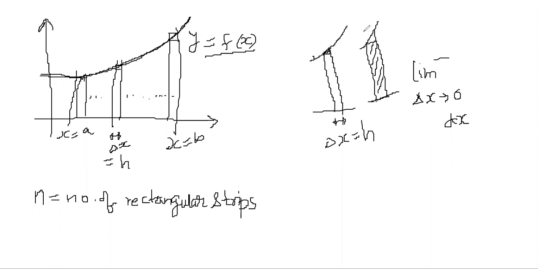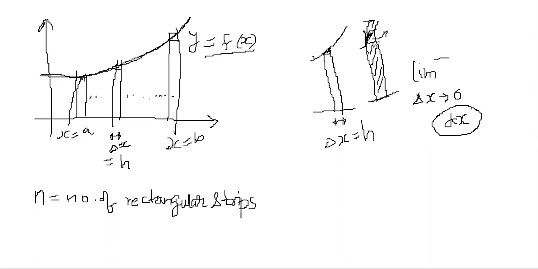And if you take a rectangle like this, then you are getting an extra area. This is an extra area here. So either you are losing some area or you are getting an extra area. So basically, if you are taking a very narrow strip, that is delta x is almost tending towards 0, that is dx, in that situation both the rectangles will approach each other and the area of both the rectangles will be equal to the area of the curve with the x-axis.